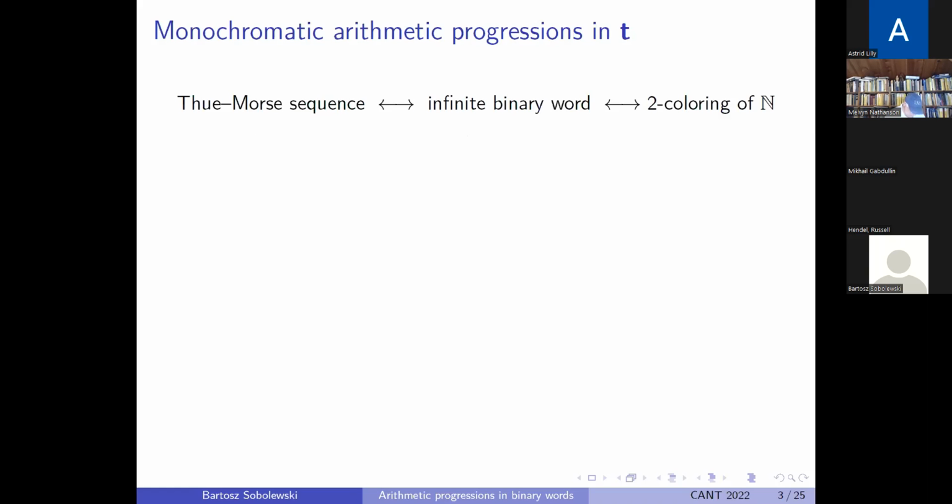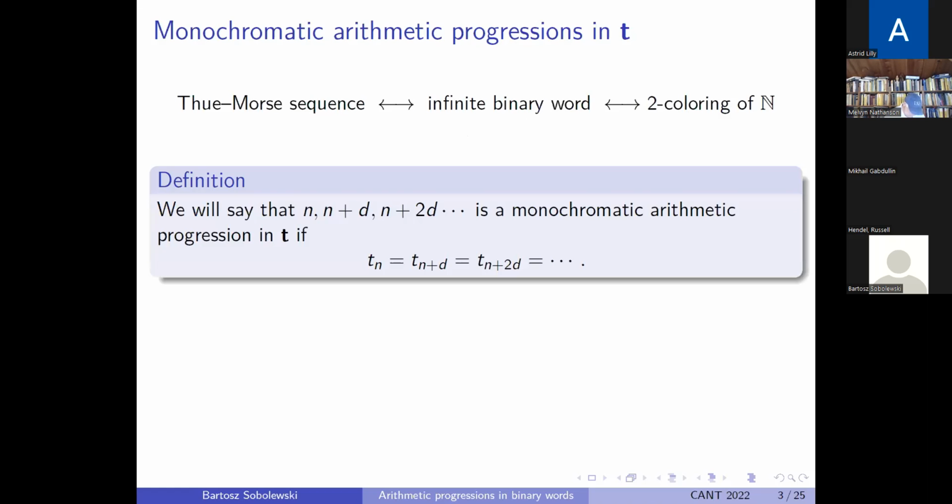And since we have a coloring, we can talk about monochromatic arithmetic progressions. And I will say that n, n plus d, n plus 2d and so on is a monochromatic arithmetic progression in T if the values at these indices are all equal. And here this progression can be either finite or infinite.